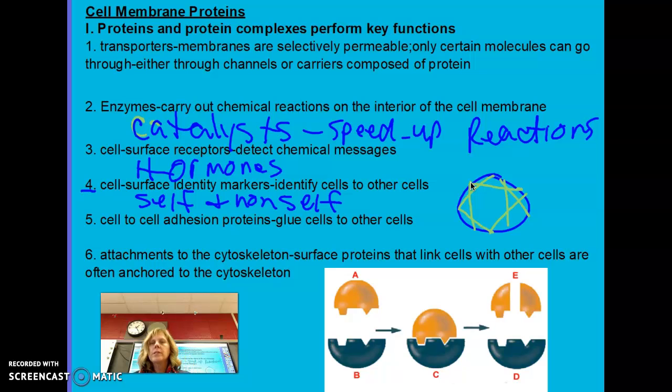Kind of those pillars that provide support. Some of those proteins attach to proteins which then attach to cytoskeletons on the next cell and so forth. So these anchor proteins, we call them, are used for attachment.